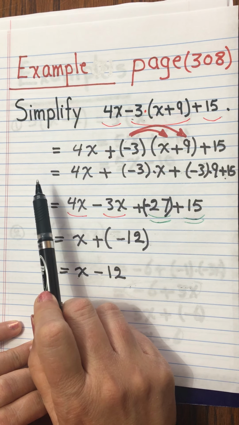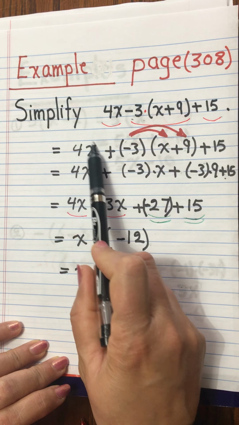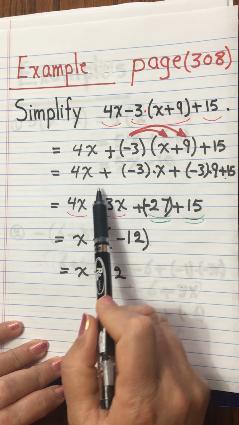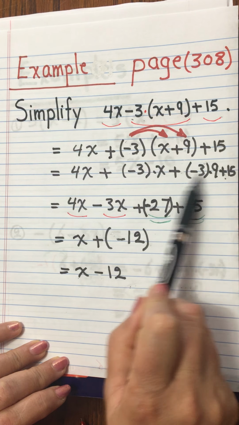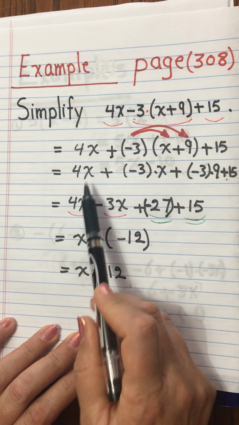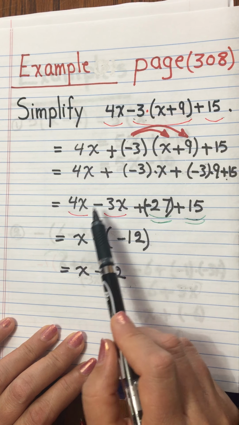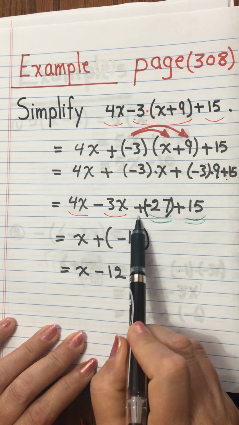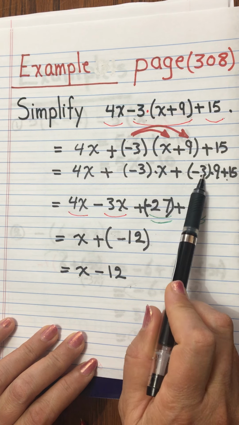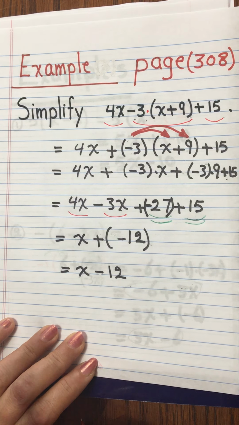And you have to solve from left to right. So first I'm going to put 4x down plus then these terms. 4x, then positive times negative, negative, so minus 3x plus negative 3 times 9, it's negative 27, and plus 15 down.